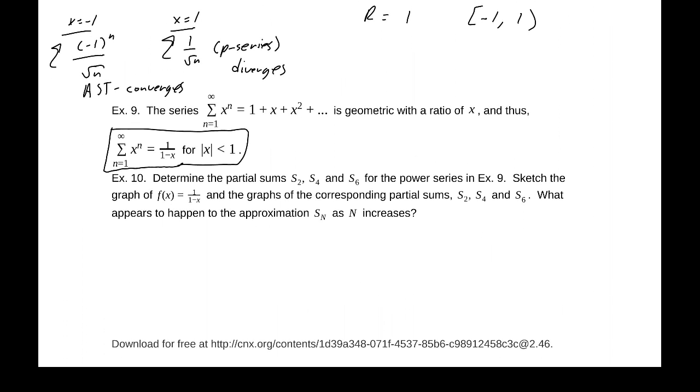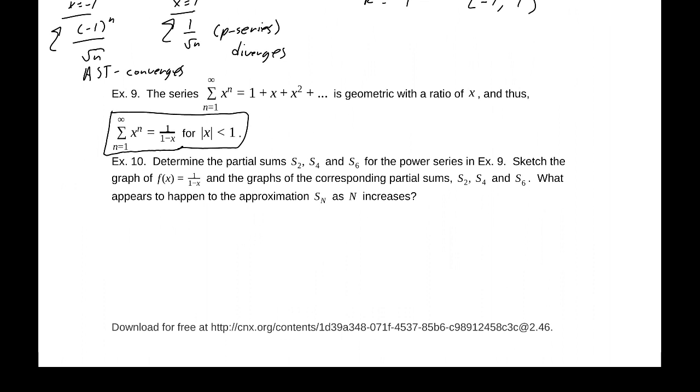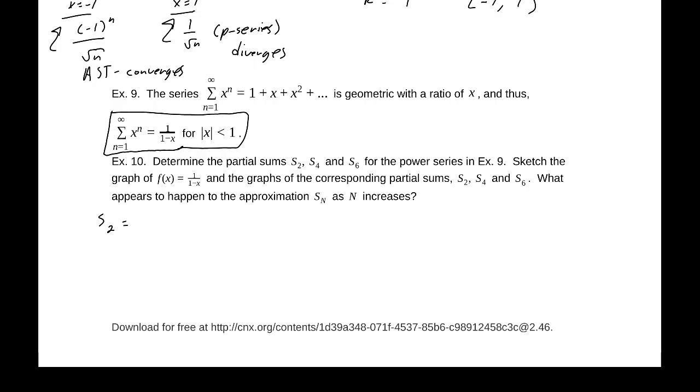So let's look at the sequence of partial sums. The partial sum S2 is the first one we're going to look at. S2 would be the sum of the first two terms, which is 1 plus x.